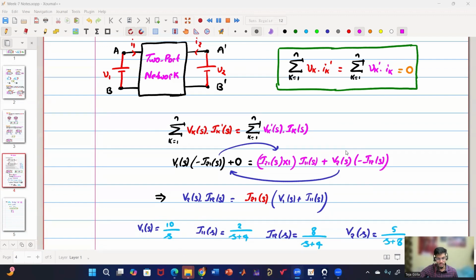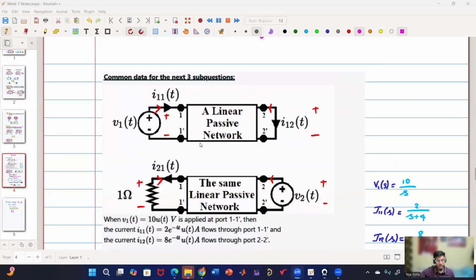Sir, that line, please repeat, sir. This line. Yes, okay. On the LHS side, we have the voltage of the first network multiplied by the current of the second network. So one voltage is V1 of S here, the other voltage is 0. This voltage's corresponding current is minus I21 of S. Because this is 0, its corresponding current we need not consider.